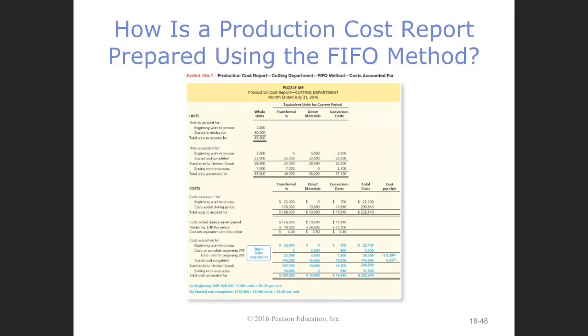To find the started and completed cost per unit, you're going to take the 174,900, which is located in our started and completed, divide that by 33,000 units, and that's going to give us $5.30 per unit.